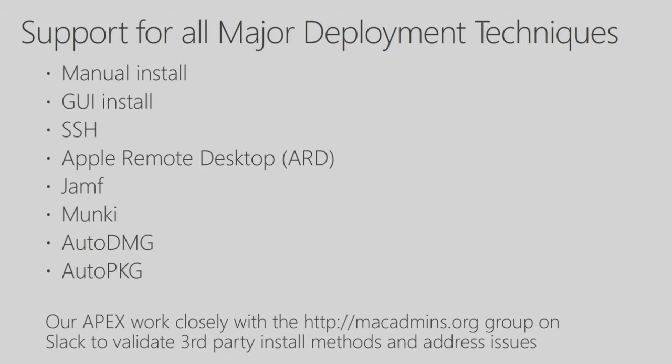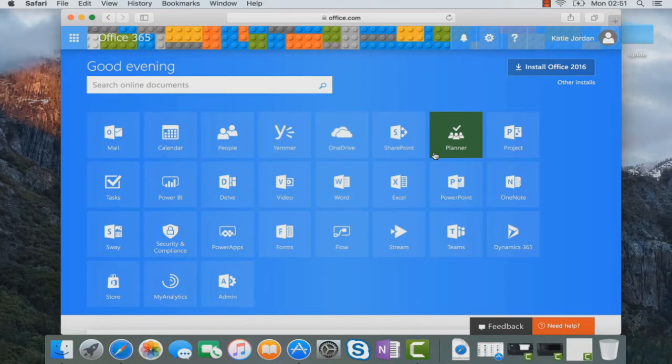But probably the easiest install route that you have is allowing users to download directly from the Office 365 portal. What we have here is a little button in the top right-hand corner that says install Office 2016. And that's universal whether the user is hitting this from a browser, from a Mac or a PC.